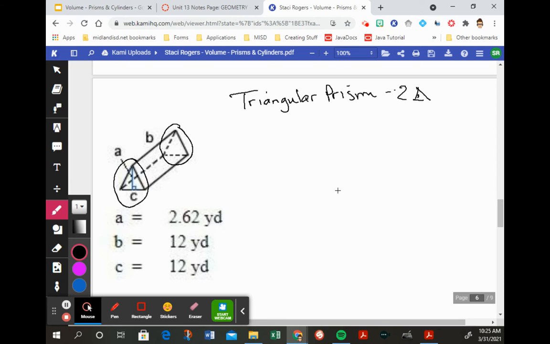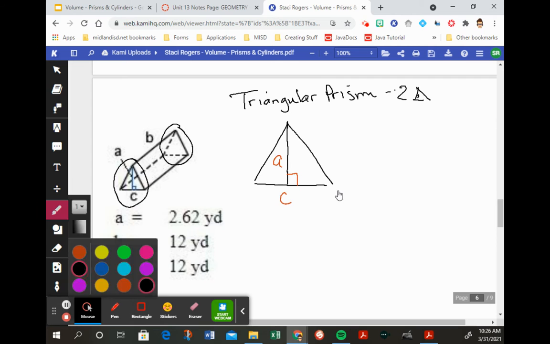I'm going to make a copy of the triangle right here because that's important. Here's the height. This is A. This is C. So for the area of the base, the big B, we're going to use A and C only.